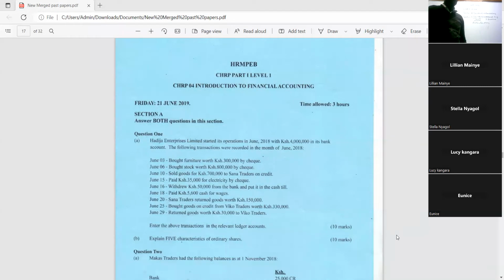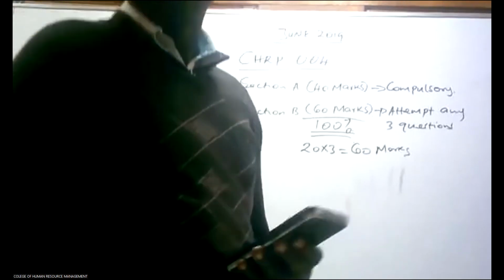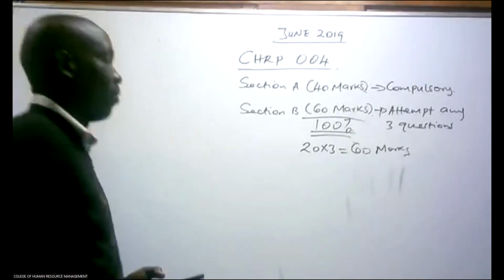Section A, answer both questions in this section. We have question number 1 there. Question number 1 is about the ledger accounts, where you are told to enter the above transactions in the relevant ledger accounts. So what you need to do in that case is to open the T accounts.